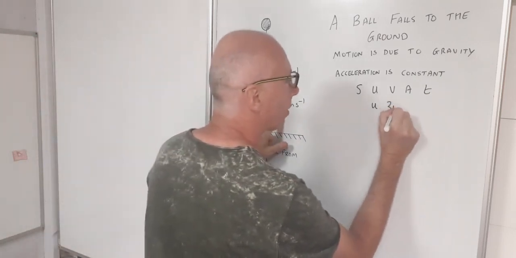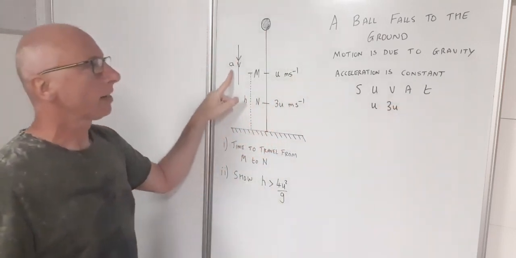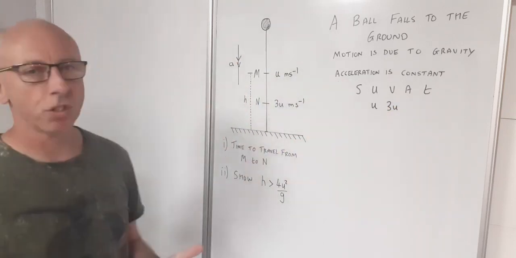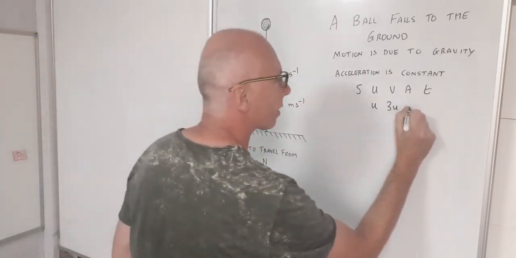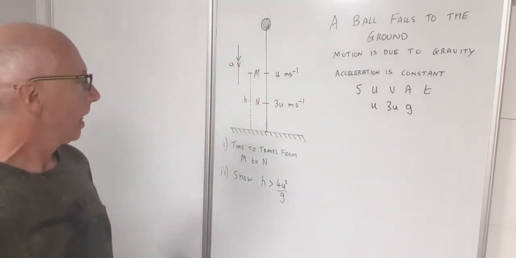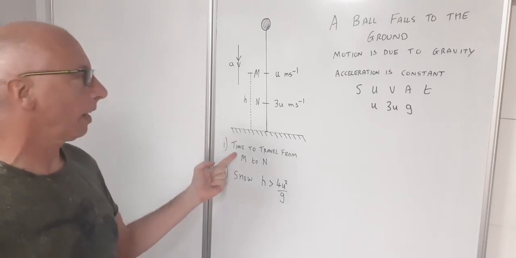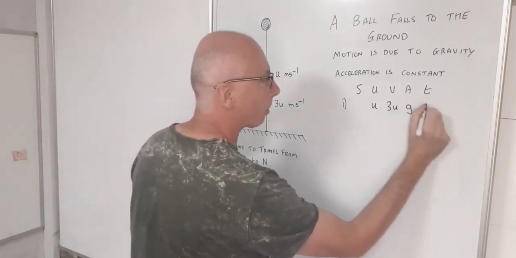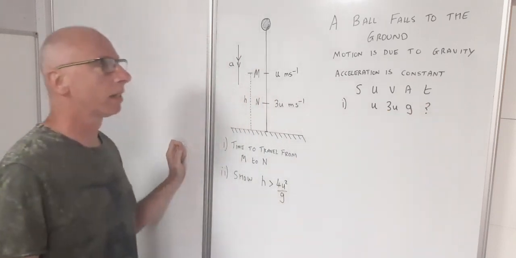So I can write that there as 3u. Acceleration is constant and the motion is due to gravity, so acceleration I can write as the gravitational constant g. And time, well, in part 1 that's what we want to find.